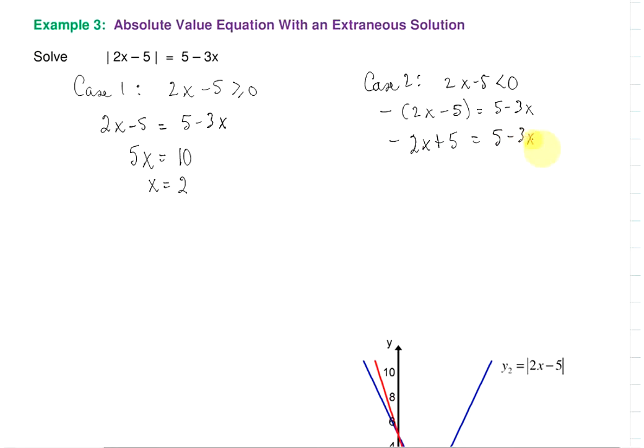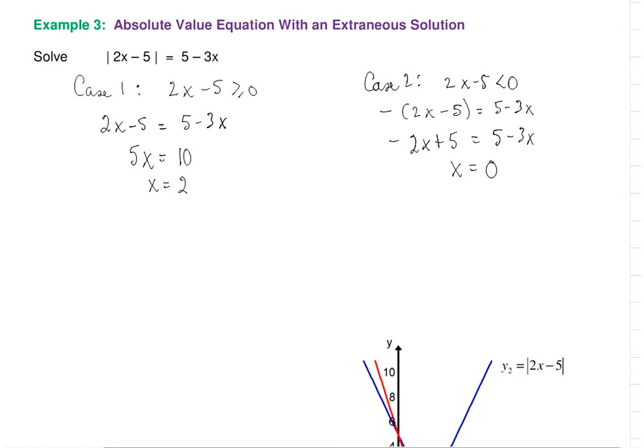Once again, I'm going to solve for x. I'm going to bring my negative 3x over to the left. It becomes positive 3x minus 2x is x. I'm going to bring my positive 5 over to the right. It becomes negative 5 minus 5 is 0. All right, so my two possible solutions are x equals 2 and x equals 0.